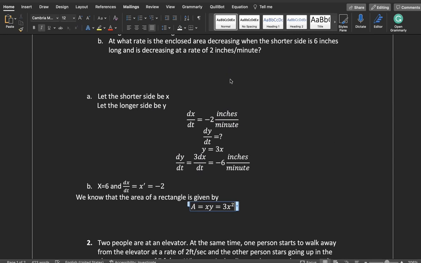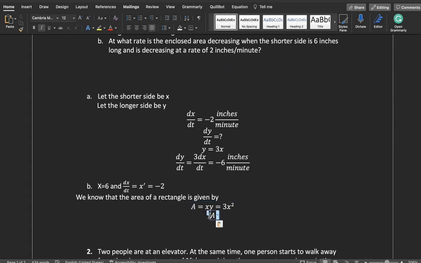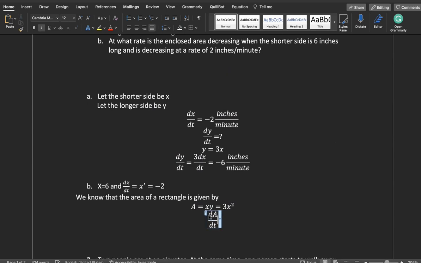That's the area, right? Now, what would happen if we were to find the change of A over time, which is dA dt, also written as A prime? When you do that, you have to use chain rule, okay? So the constant comes back, then for the x squared, the 2 comes down.